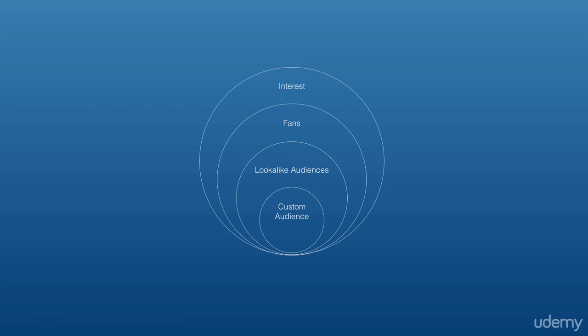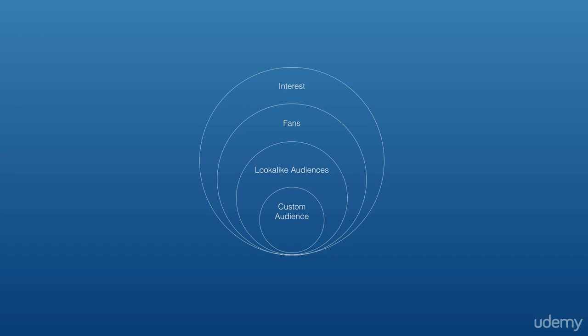However, if you're just brand new on Facebook, start out with the interest targeting until you acquire a custom audience, okay? So again, this is something most people do not get. It's really important. That's why I just want to repeat that. Get started with the interest targeting on Facebook, build up a fan base.